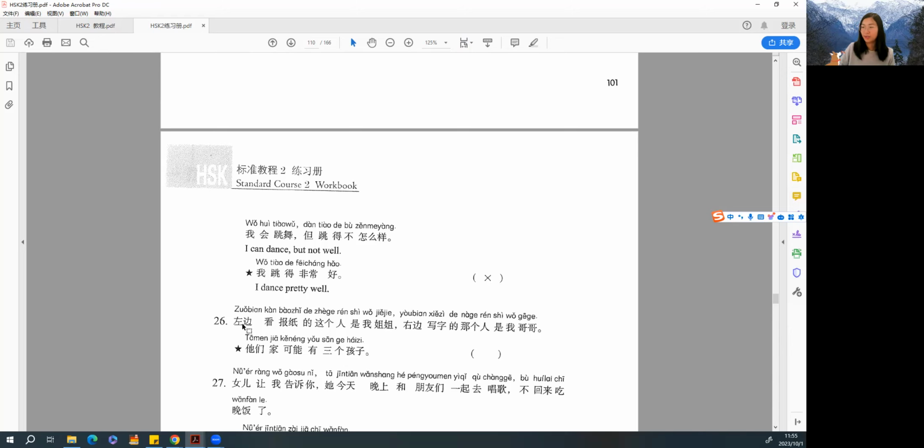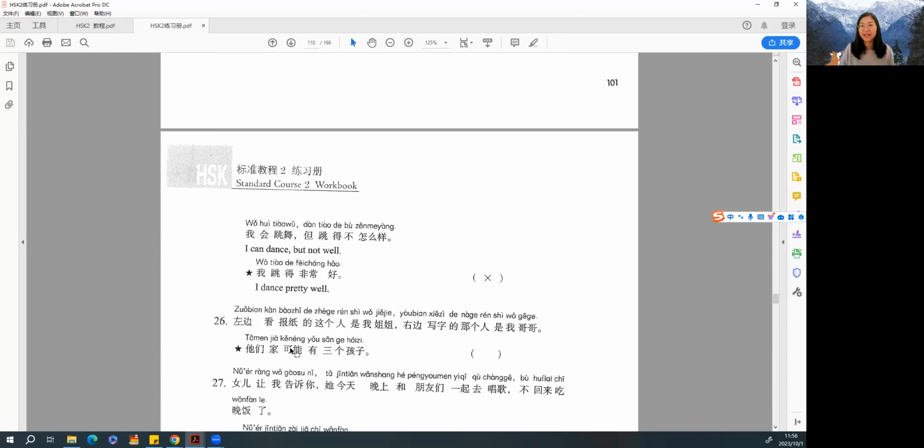Let's take a look. 左边看报纸的人是我姐姐，右边写字的那个人是我的哥哥。So there's me, there is a 姐姐, there is a 哥哥, and then 他们家可能有3个孩子. That's a very, very useful 可能, so probably. That's so true, right?